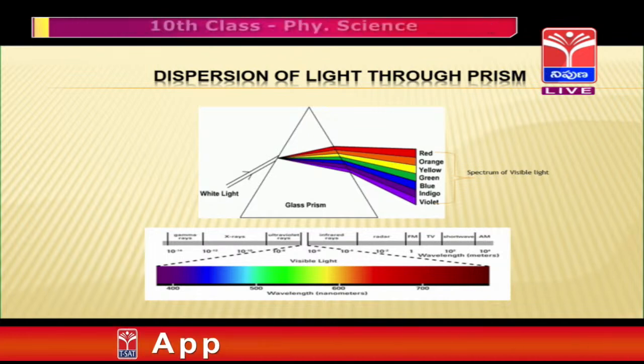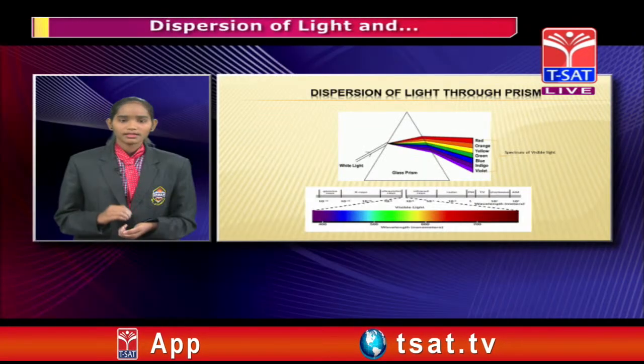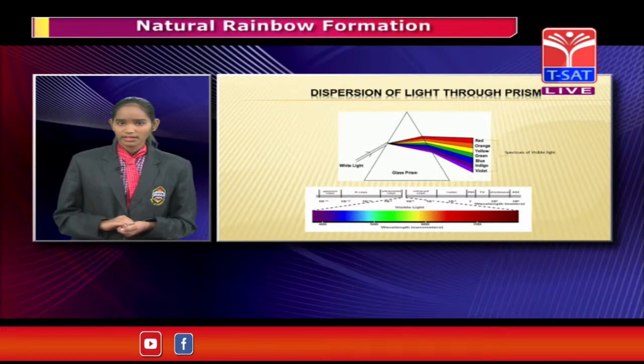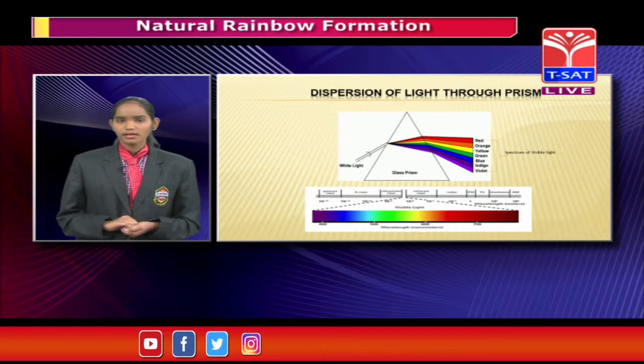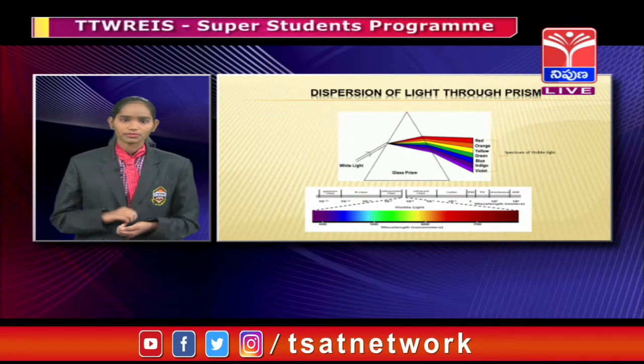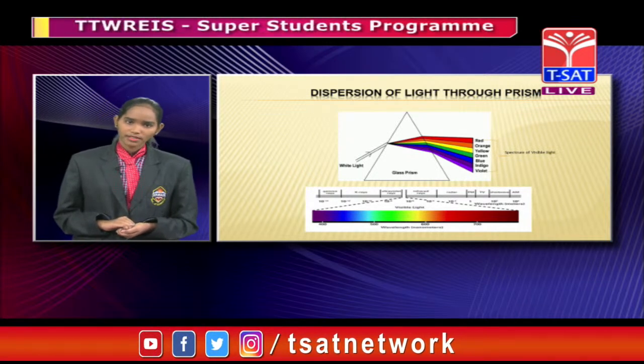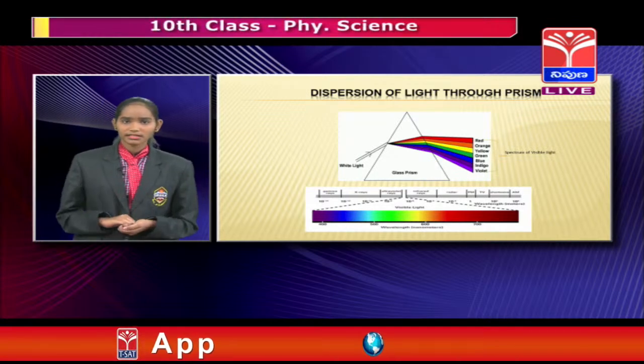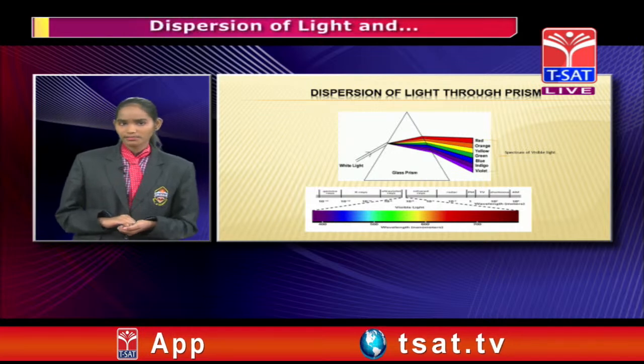Because the refractive index of red is low, hence it suffers slow deviation. The refractive index of violet is high, hence it suffers more. So by this we can say that red light travels faster than violet light in a glass prism.